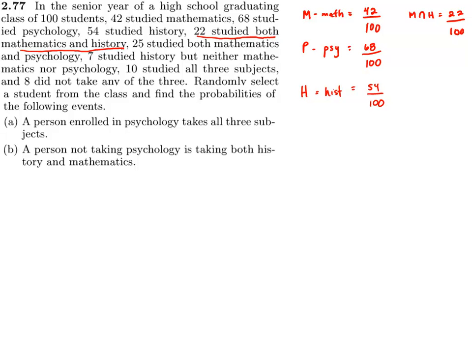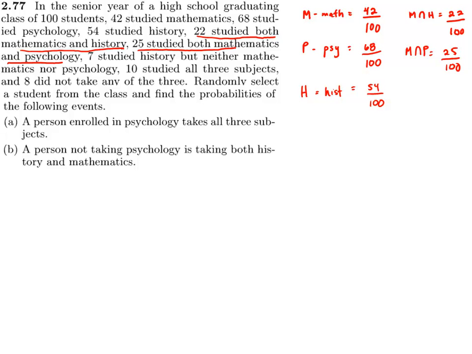We also have 25 study both mathematics and psychology. So math intersection psychology is 25 out of 100. And we have 7 who studied history, but neither mathematics nor psychology.